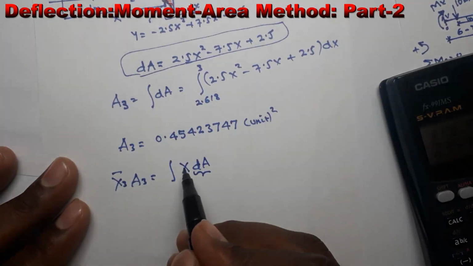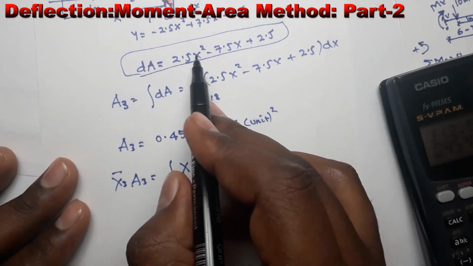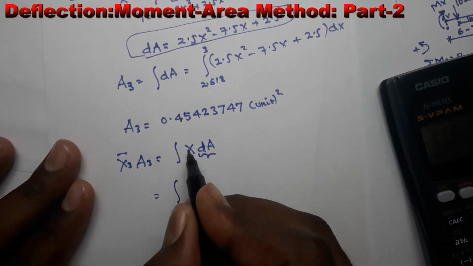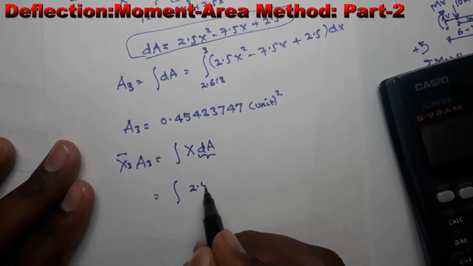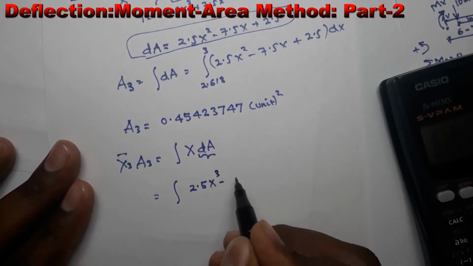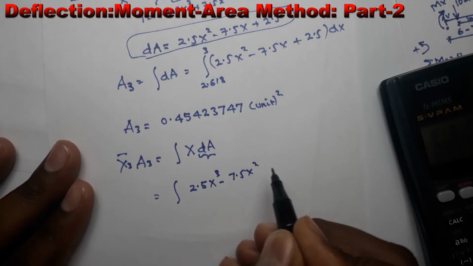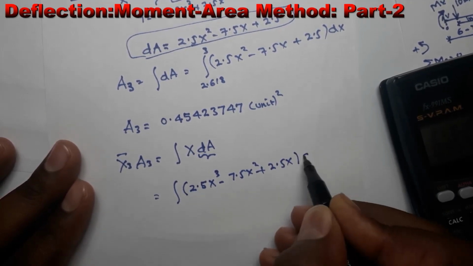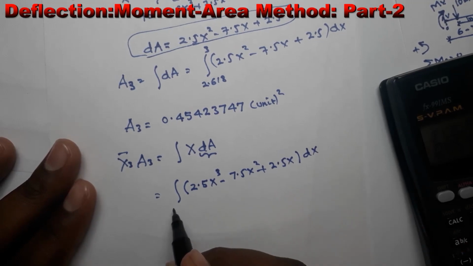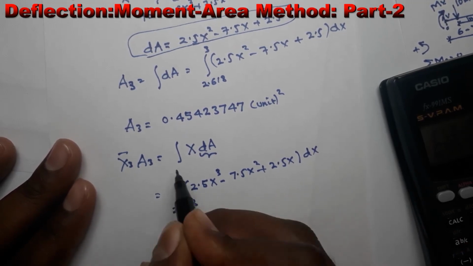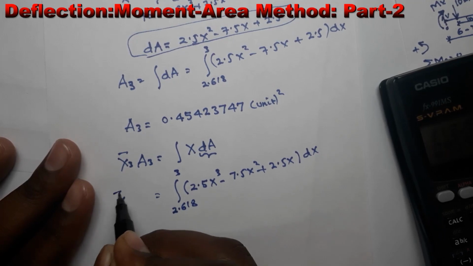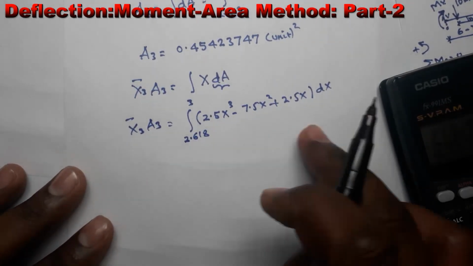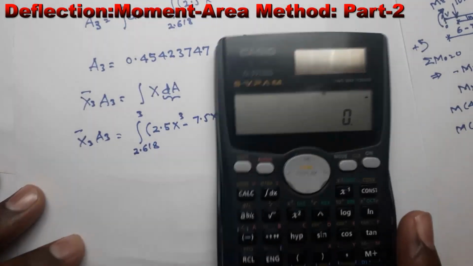This dA multiplied by x gives 2.5x cubed minus 7.5x squared plus 2.5x, dx. This will be integrated from 2.618 up to 3 to get x bar 3 times area 3.